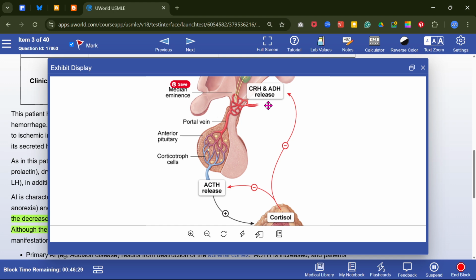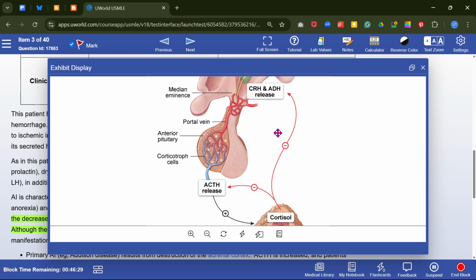This corticotropin releasing hormone stimulates the pituitary gland to release more and more ACTH. If cortisol does not inhibit CRH, ADH release and ACTH release, then more and more ADH is released.